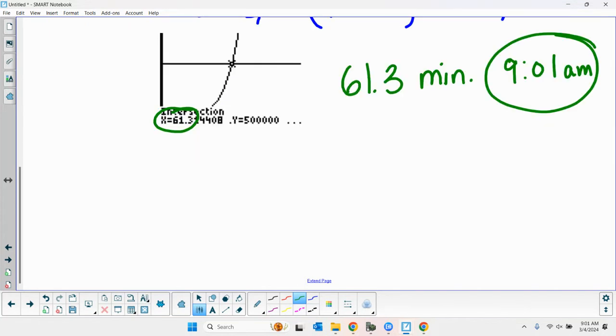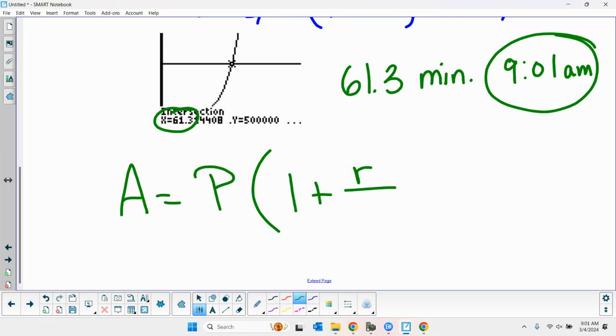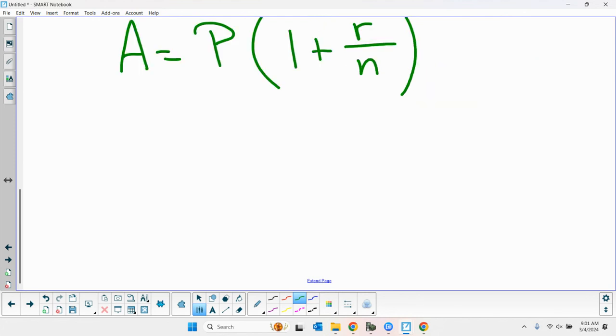All right. The last two were compound interest formulas. I gave you the formula again. Principal, how much you start with, times 1 plus the interest rate over the number of times it's compounded, to the number of times it's compounded times the number of years.